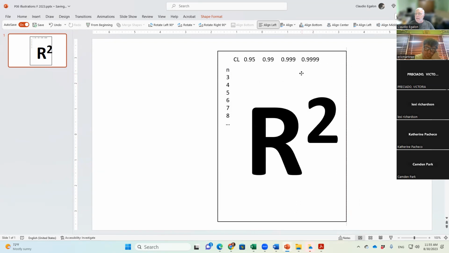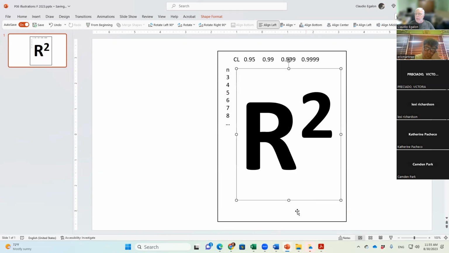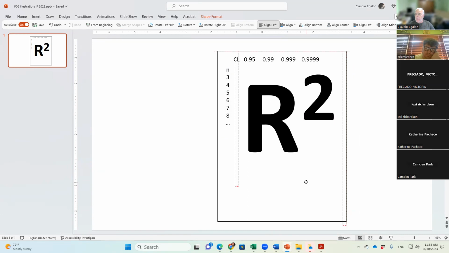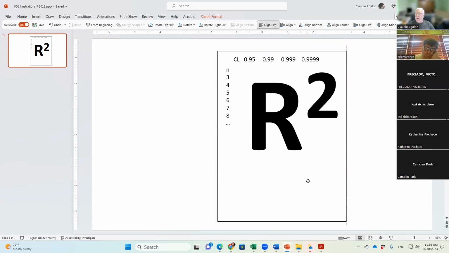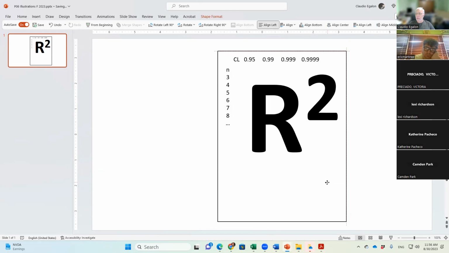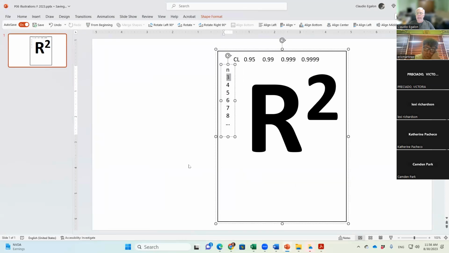That's what you have to know about that table. Can you remember that? Everything else here, the body of the table, is the R square values. Given n and a given R square value, you can find the CL. That's what this table is all about.